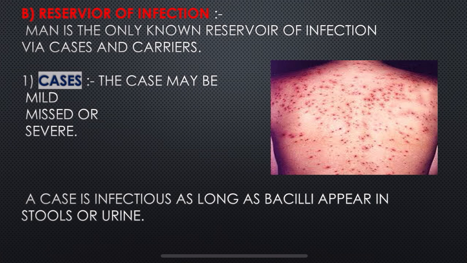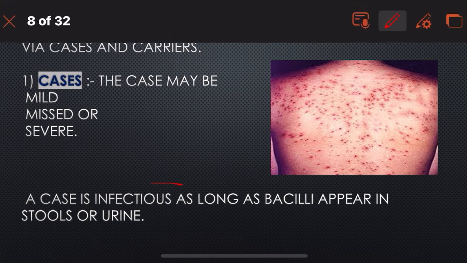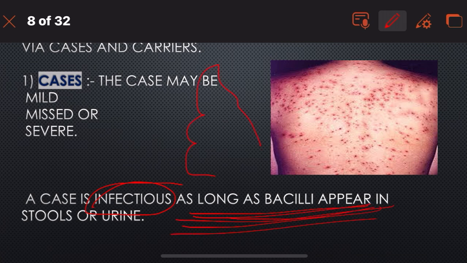A case is infectious as long as the bacilli are appearing in the stools or in the urine. So the case remains very infectious as long as the bacilli are appearing in the stools or in the urine of the infected individual.